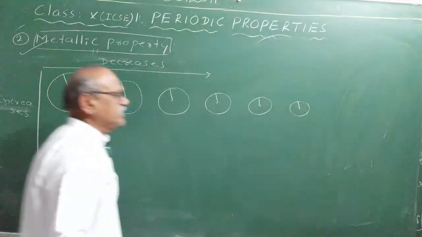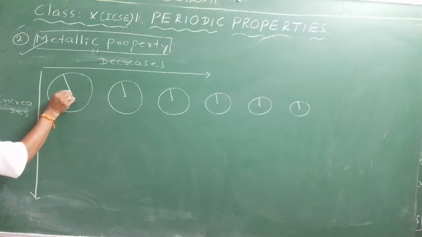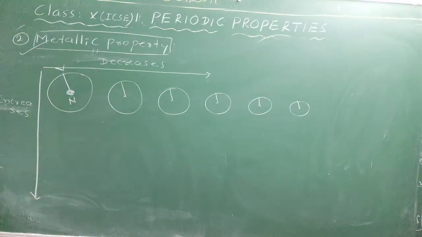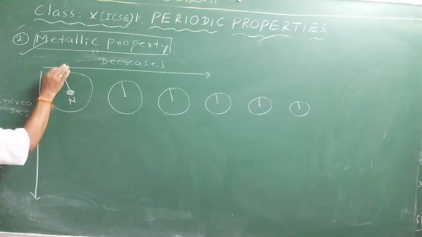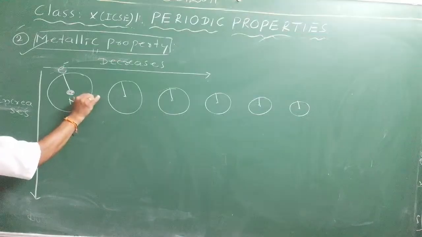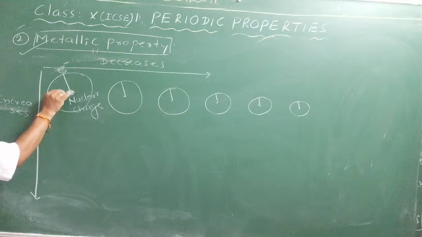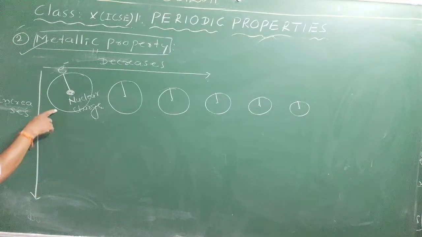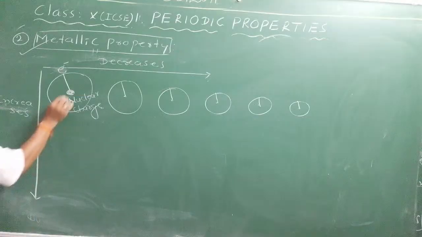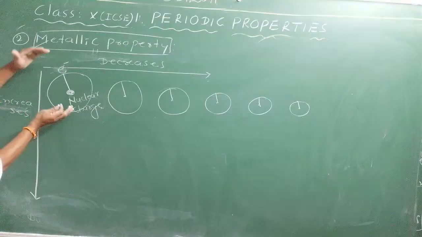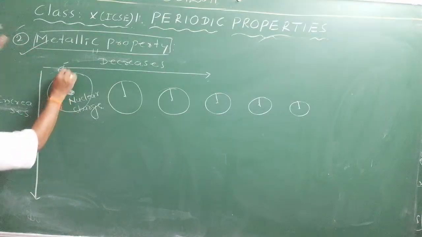Just understand logically what happens when the atomic size is large: the valence electron is away from the nucleus, and the nuclear charge influence is less. Atomic radius will be highest and it will go on decreasing. See the distance between the nucleus and the outermost electron. As the size is more, this electron is more free.